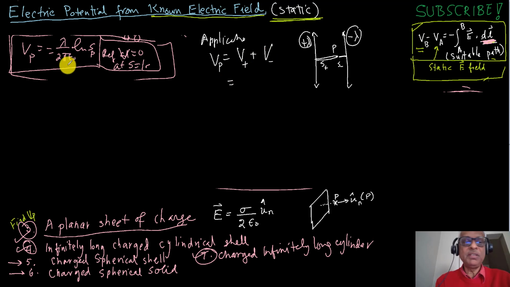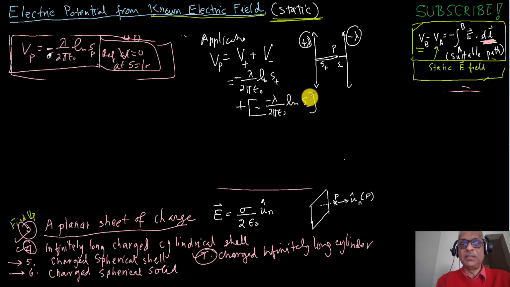V plus is minus lambda over 2 pi epsilon naught log S plus, for positive lambda. Then we add minus lambda over 2 pi epsilon naught log S minus.